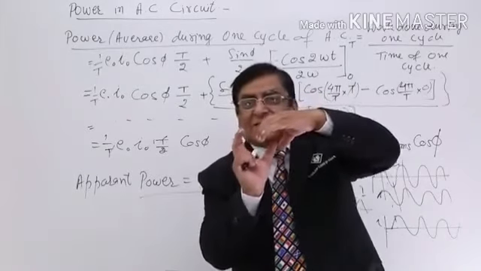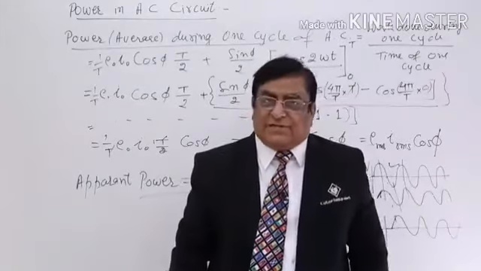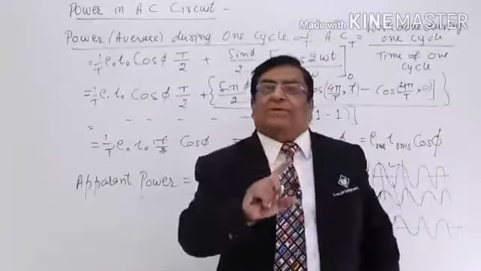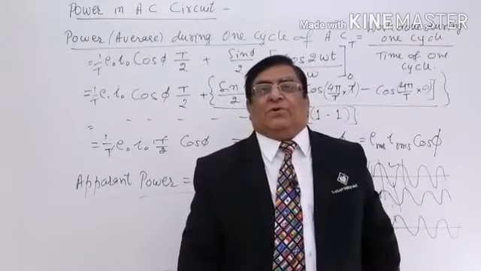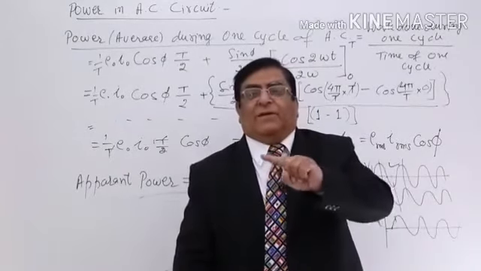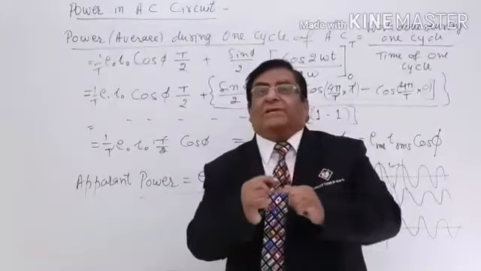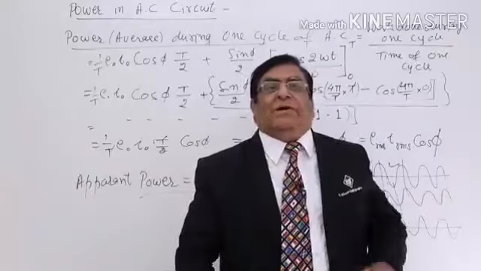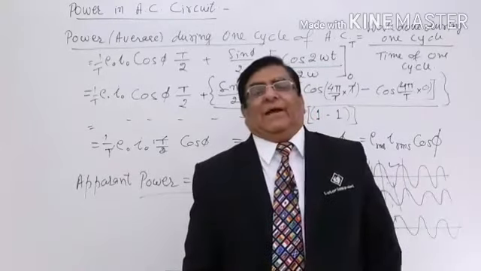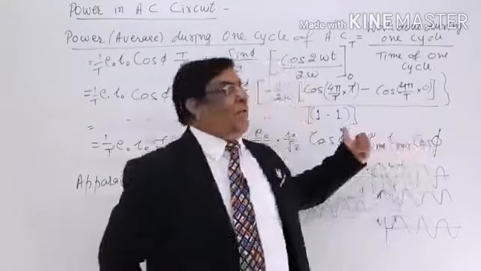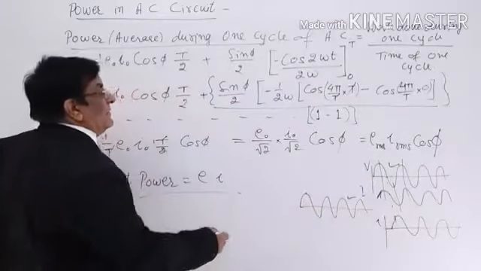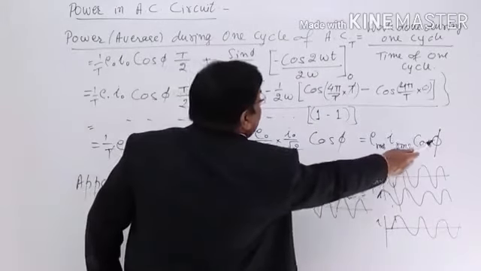This delay may be due to an inductor, or it may be due to a capacitor. So if there is a delay between V and I, then their multiplication may not give the full value; it will be less than that. And who decides that? The formula we have made, E into I into cos phi.